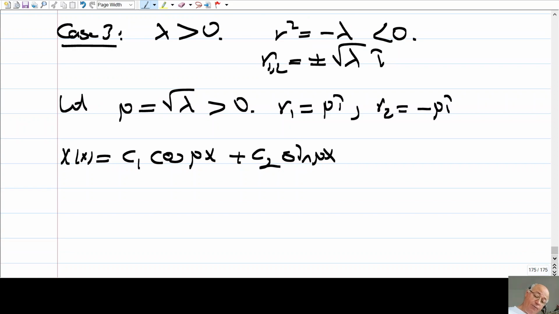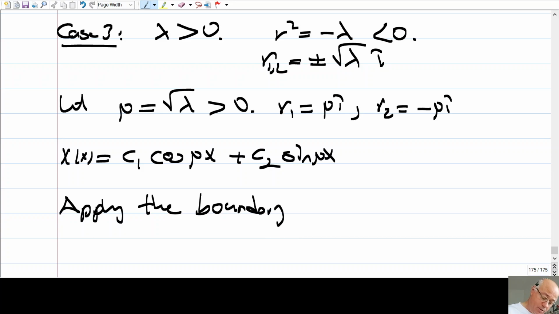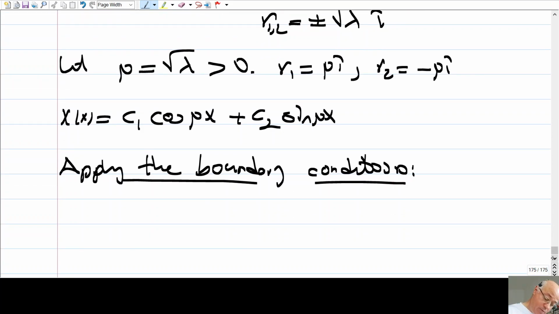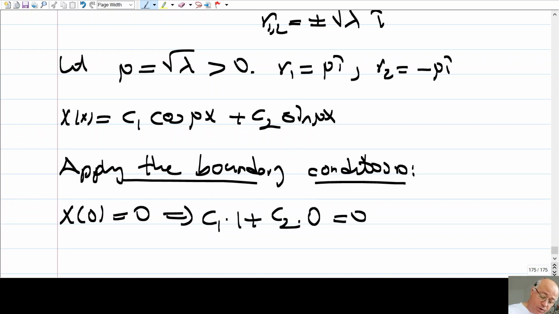All right, and then we do what? We apply the boundary conditions. X of 0 equals 0. Well, if I plug this in, I just get C1 times 1 plus C2 times 0 equals 0.